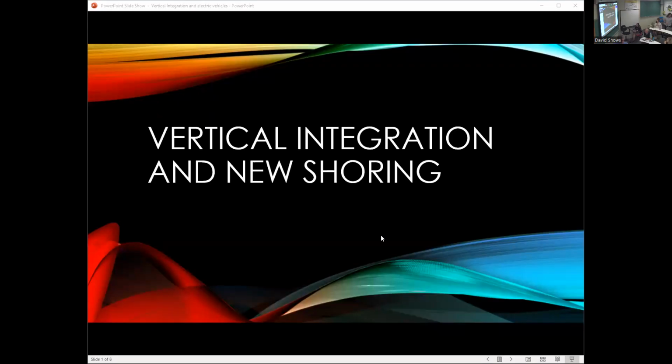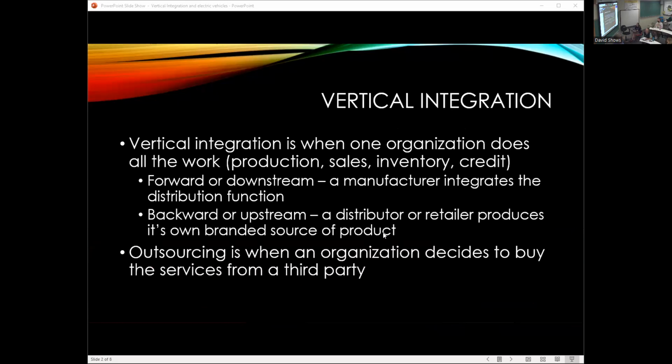That should say electric vehicles, so ignore that first part. So these slides basically, once again, reintroduce you to the concept of what vertical integration is. The position papers usually will have something to do with the chapters that we're working on at any one time.